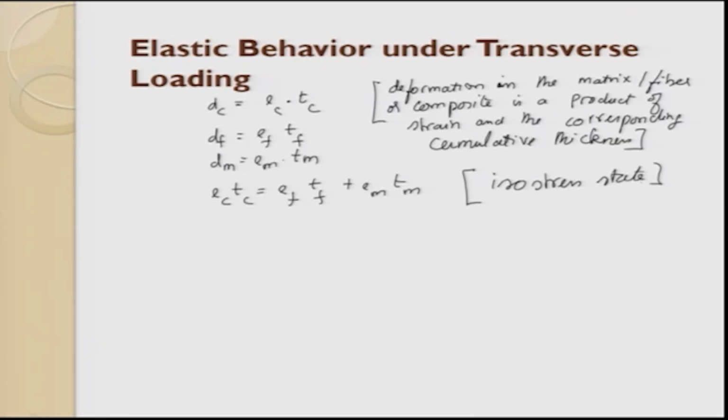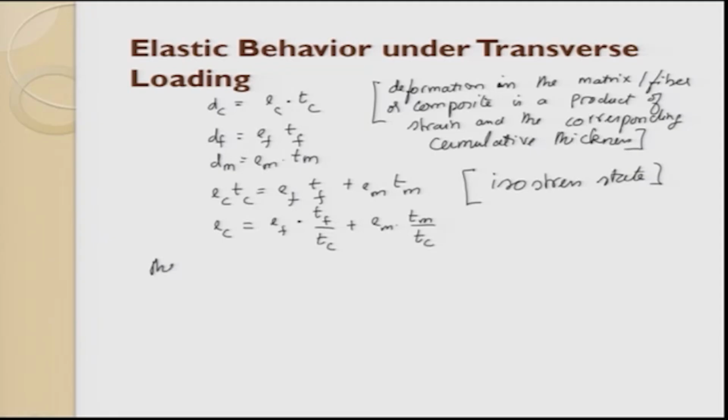So, clear? Because of this isostressed state it came into existence. Now, what we do is we try to take the TC aside. So, this can be rewritten as EC equal to E of F into T of F divided by TC plus E of M into T of M divided by TC.